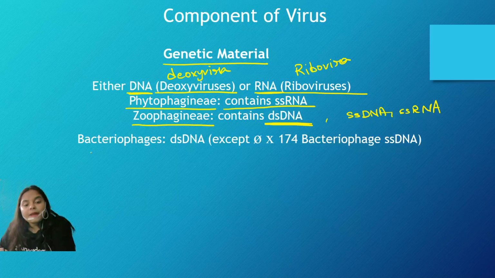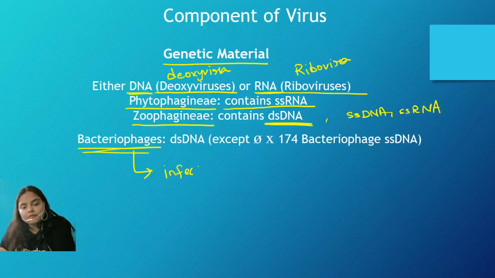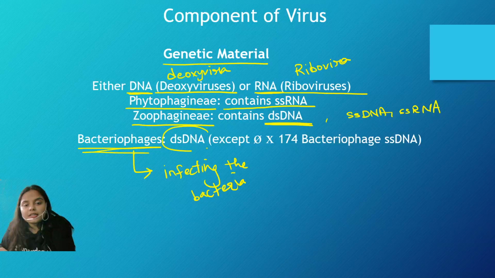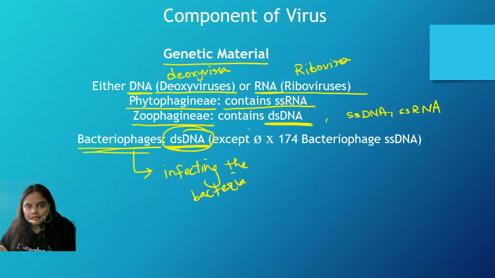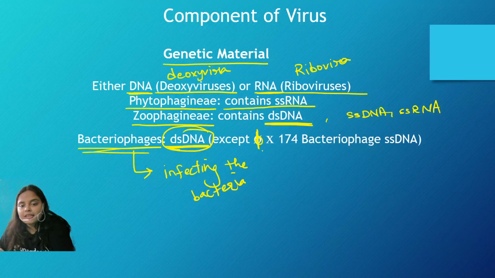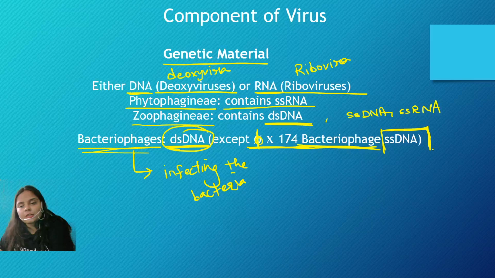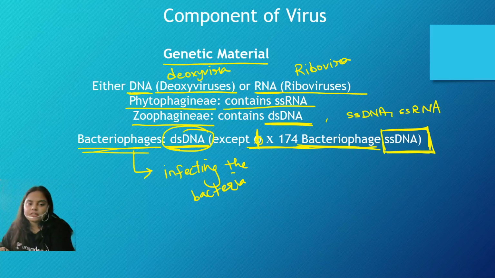Bacteriophages, that means the viruses which infect the bacteria, contain double stranded DNA molecule as the genetic material, but there is an exception, φX174 bacteriophage. φX174 bacteriophage has single stranded DNA molecule, and this is an exception in the bacteriophage category. Otherwise, all the bacteriophages have double stranded DNA molecule.